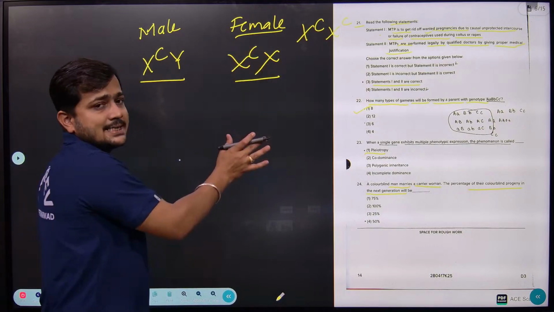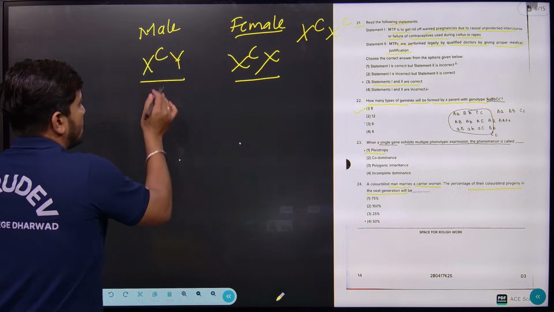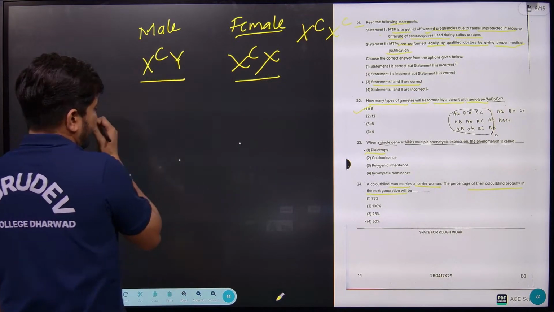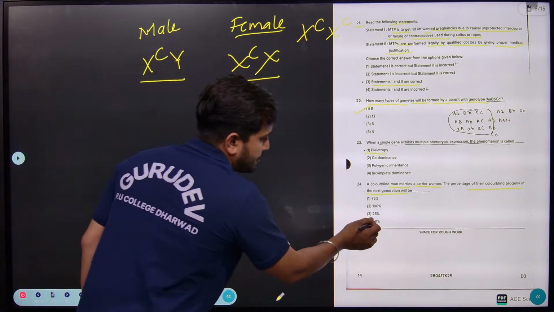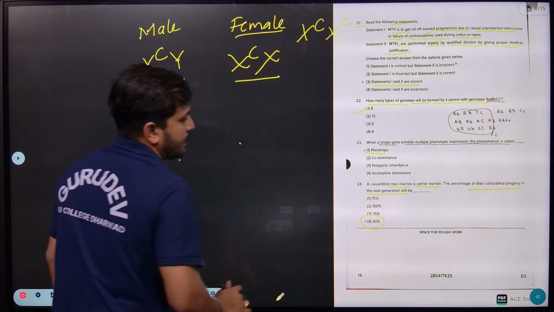Only then would she be suffering from color blindness. Overall, with respect to these expressions, how much percentage do I get here? Here I am going to get 50%.